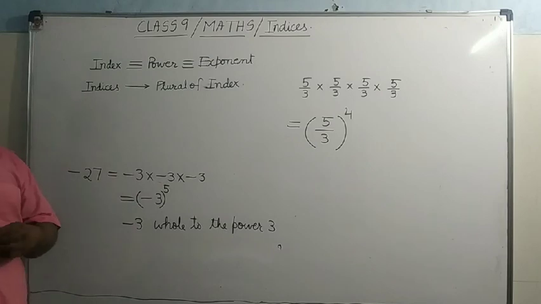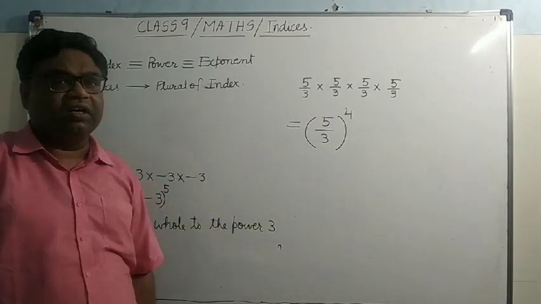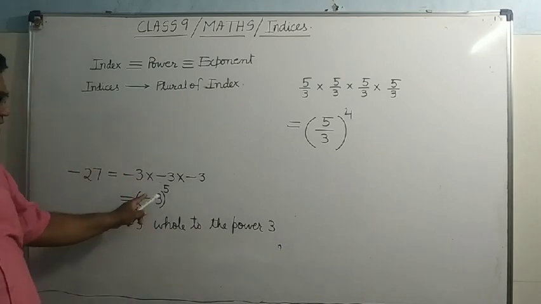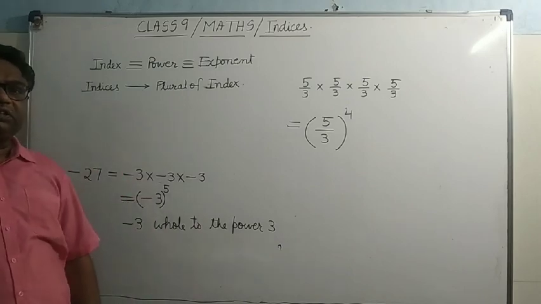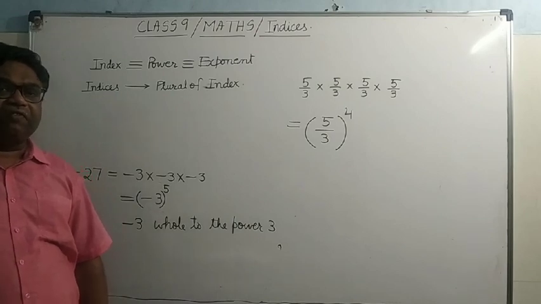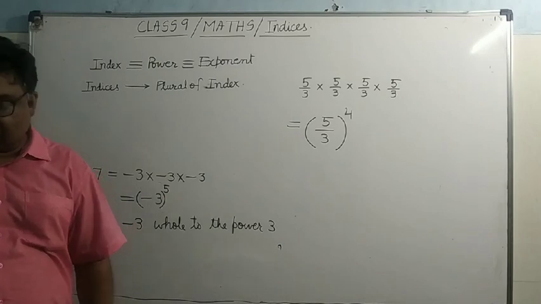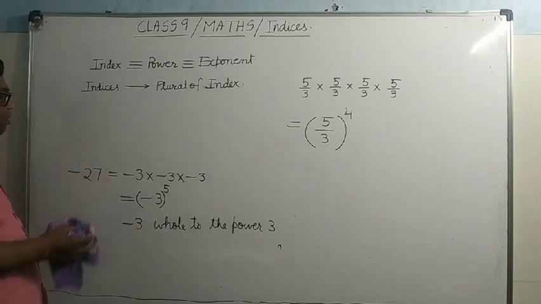It's clear? So here base is a fraction, 5 upon 3. Earlier the base was a negative number. If a base is a negative number or a base is a fraction, then it will always be written inside the bracket.